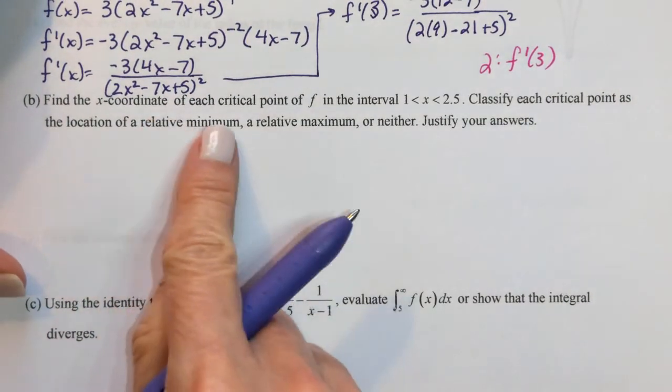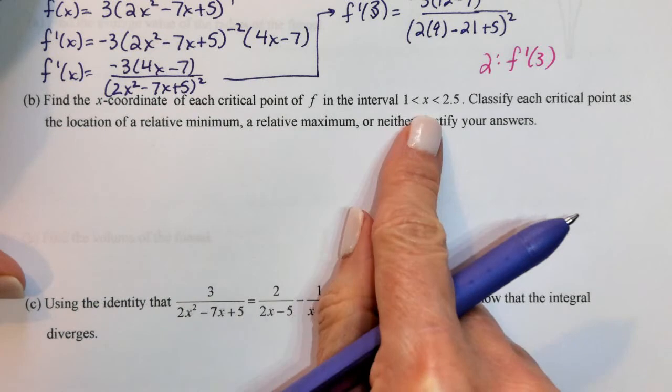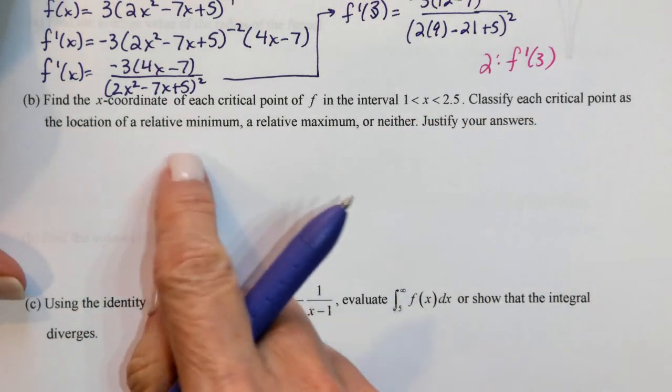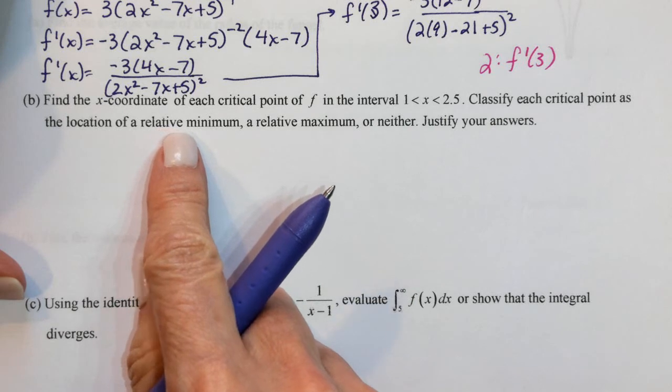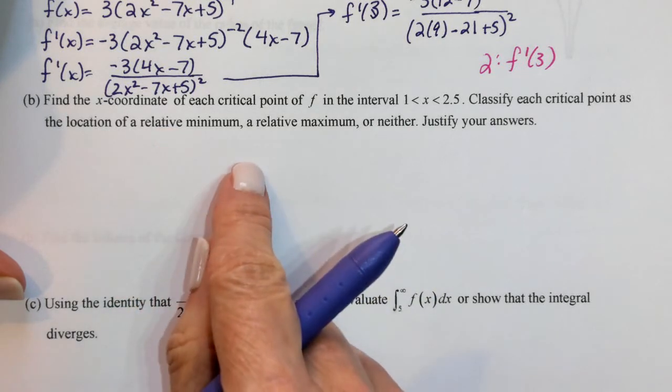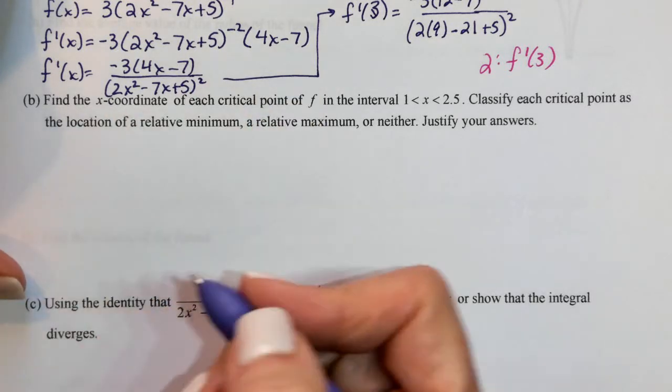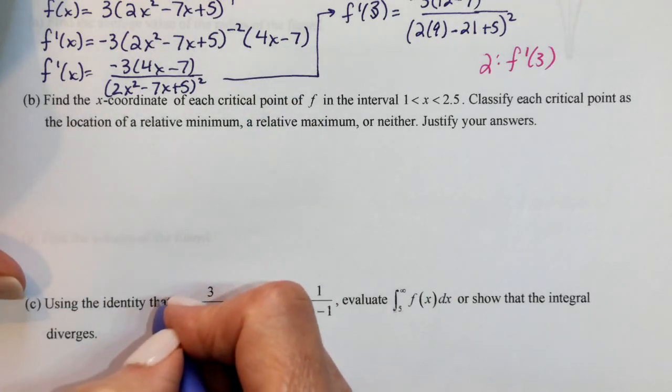Part B. Find the x-coordinate of each critical point of f in this interval, and then classify each critical point as the location of a relative min, max, or neither, and we have to justify. So first of all, I'm going to say what a critical point is. Sometimes that's worth a point.